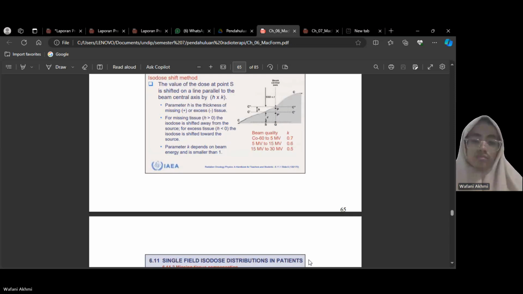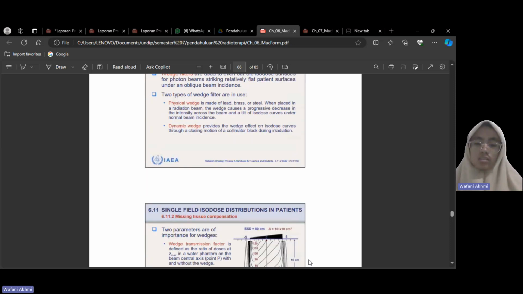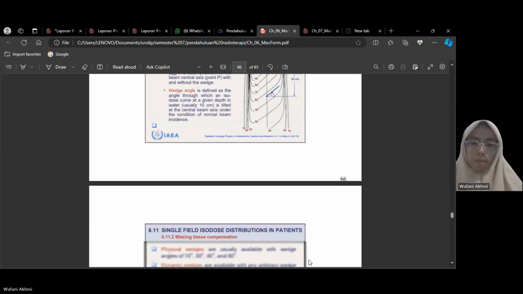Isodose shift method. Two types of wedge filter are in use: physical wedge and dynamic wedge. Two parameters are of importance for wedges: wedge transmission factor and wedge angle.